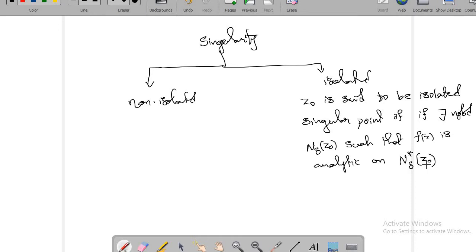It means in that neighborhood Z0 is the only singular point. So no other point is a singular point in that neighborhood. So that's what I mean.